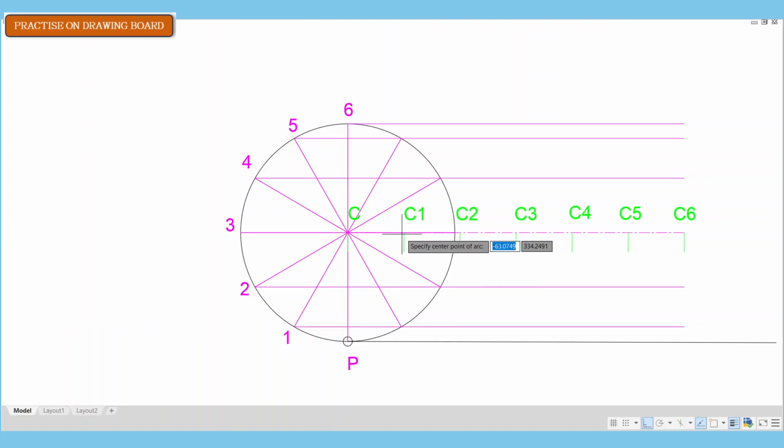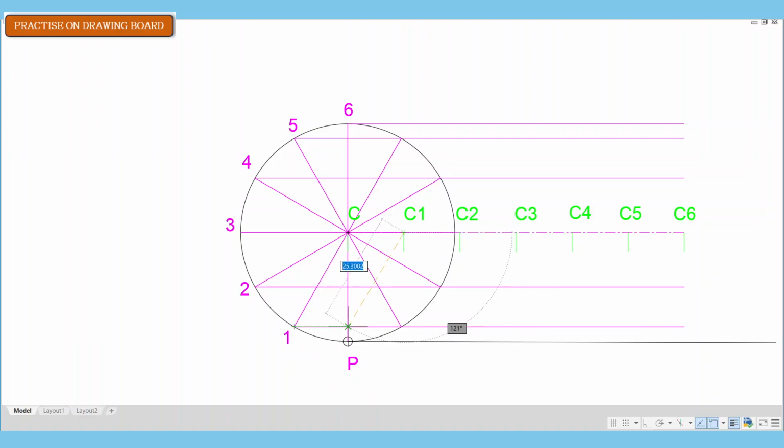So C1 is going to be our center, and then we are looking for the one horizontal line.